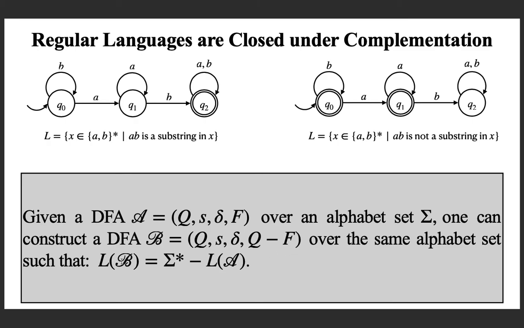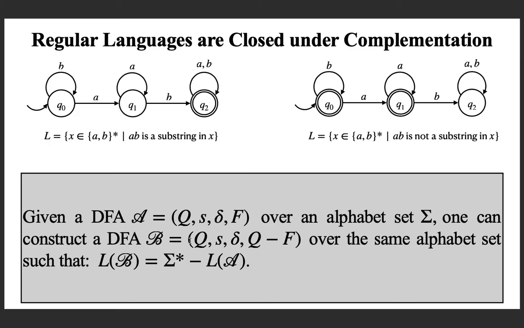And you can observe that the language of this newly constructed DFA is the set of all strings minus the set of strings accepted by the given machine. That is exactly the complement of the language accepted by the given machine. And here again, if you want, you can use the principle of mathematical induction to prove the correctness of the construction, that is soundness and completeness.